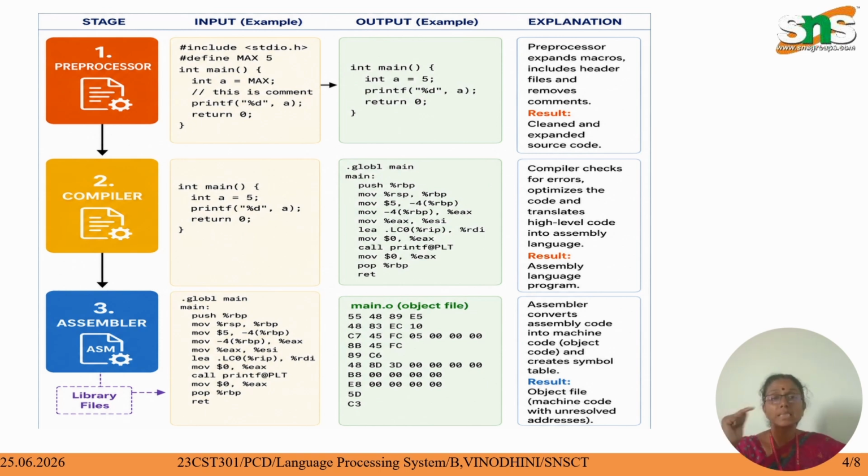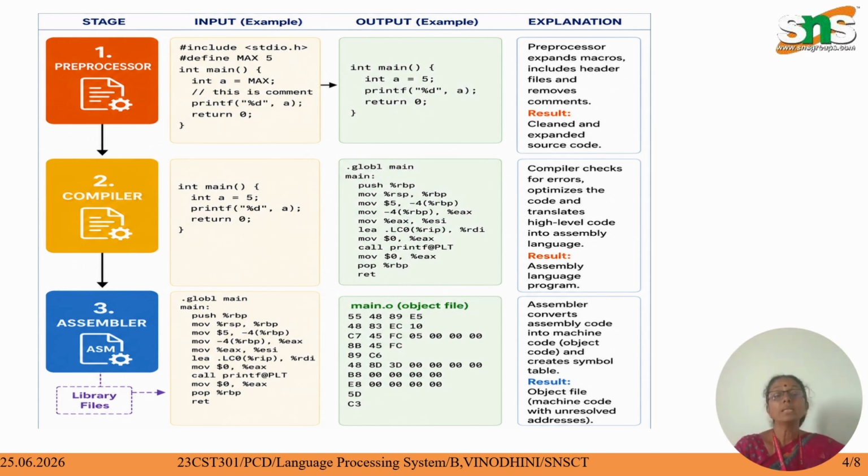Here each translator has an input and output. For example, the preprocessor is the first translator. It gets the high-level language program as an input. Its functionality is that it expands the macros, includes the header files and removes the comments, and the final result is the clean and expanded source code as an output.